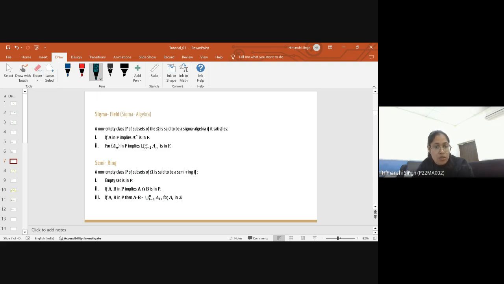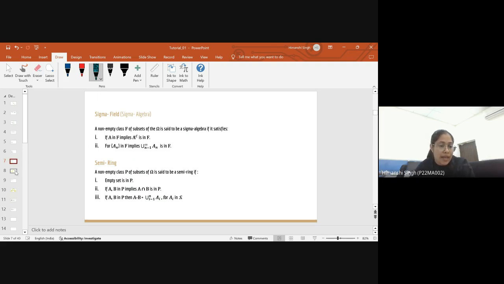So when these three conditions are satisfied, then we will say that the class is a semi ring. So these were the algebraic structures which were defined.